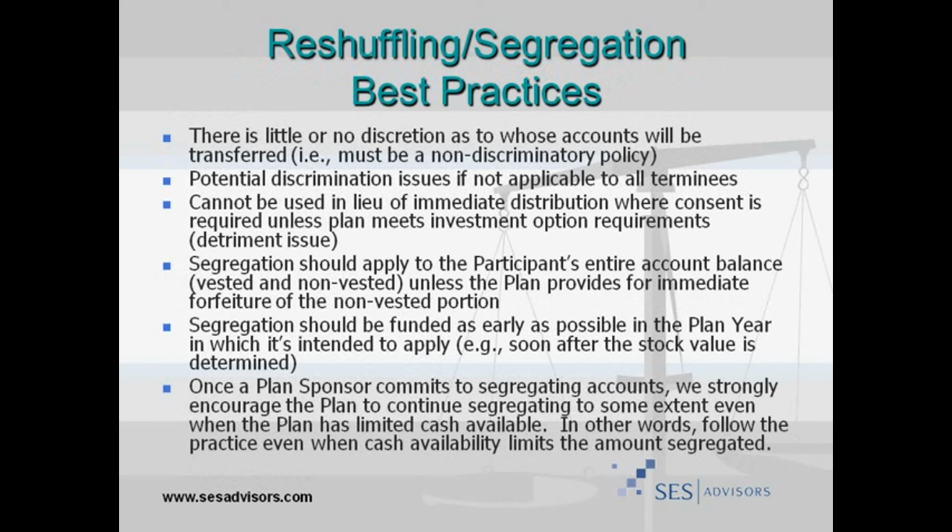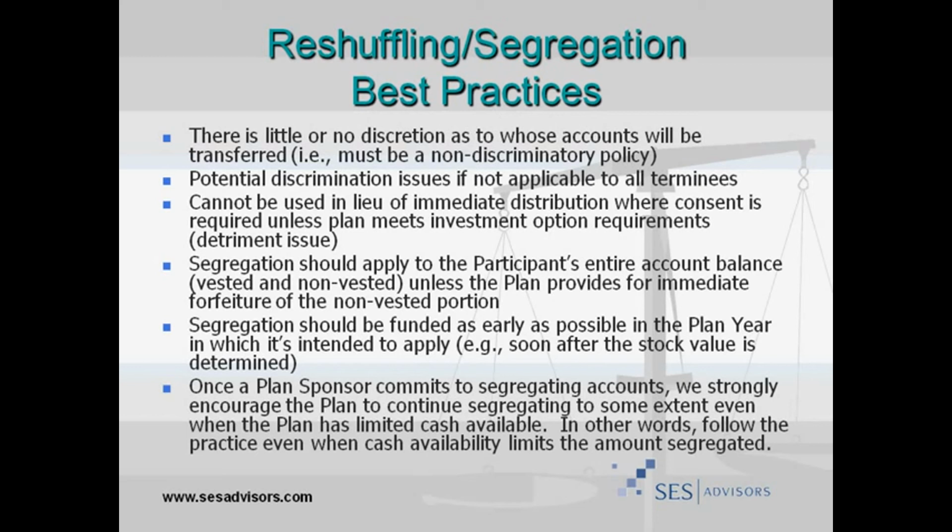So just going to highlight a few best practices, and we'll leave a little time for questions here at the end. You should have little or no discretion as to whose accounts will be transferred. It should be a non-discriminatory policy. You can't pick, we're going to segregate Jane, we're not going to segregate Bill because the stock's doing well and Bill was a really great guy, model employee. You have to treat people by classes, by groups on a non-discriminatory basis.